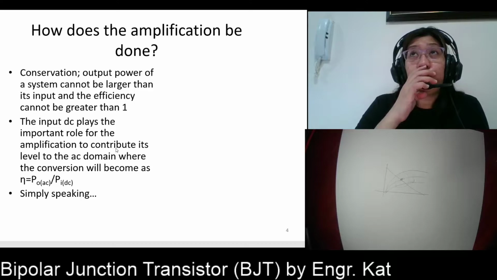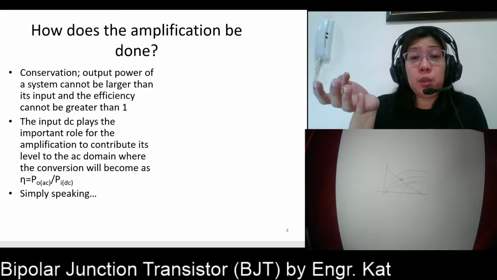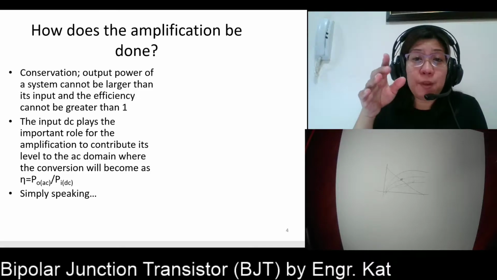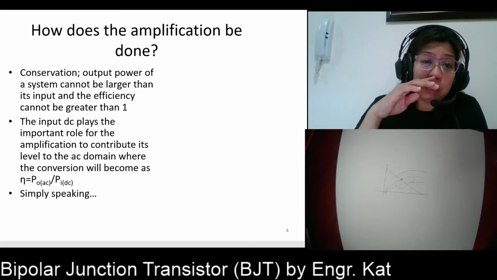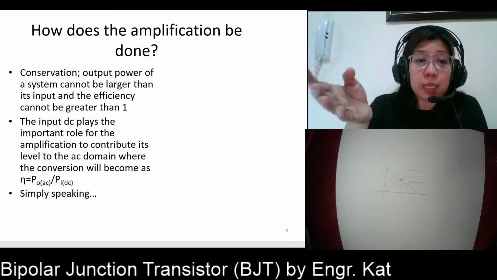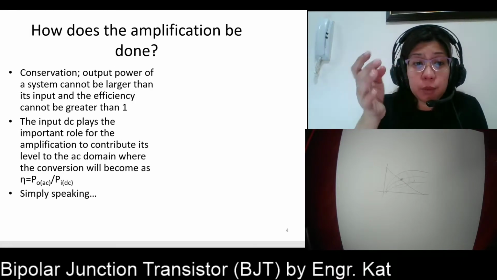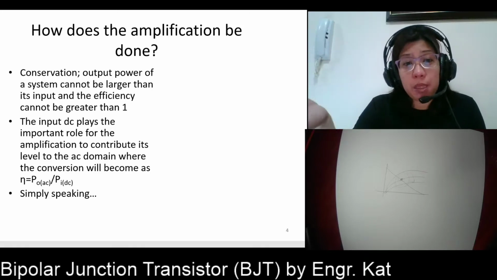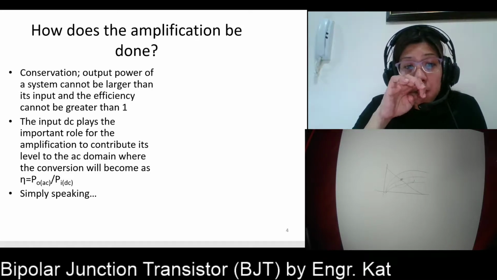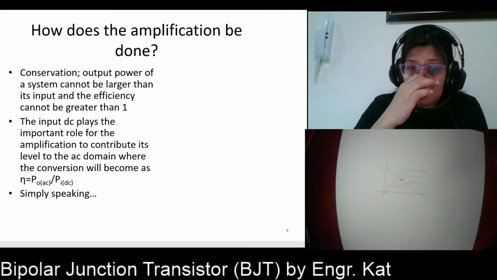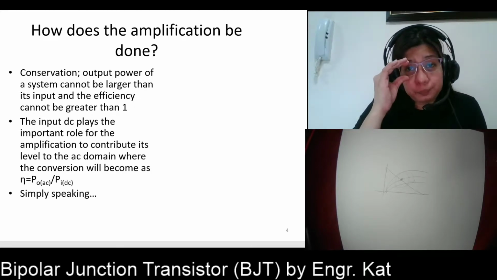Although your DC source is not the one being amplified, the one being amplified is your AC source actually, but your DC plays an important role for the amplification because it contributes to the level of your AC domain. Okay, so the conversion will become P_o(AC) divided by P_in(DC).